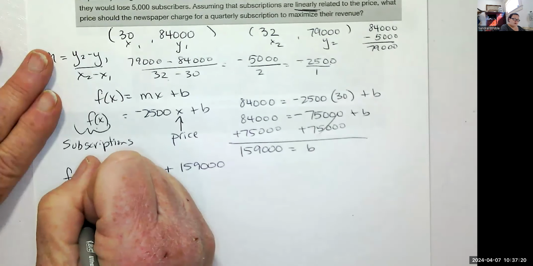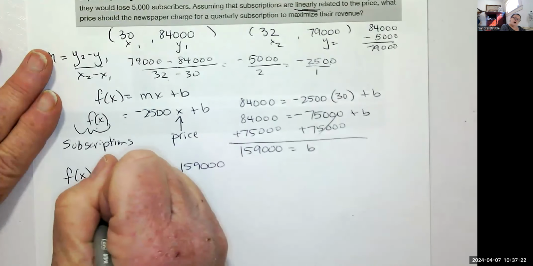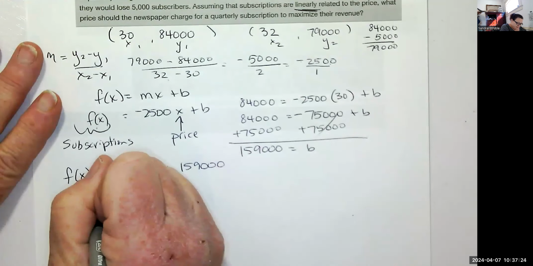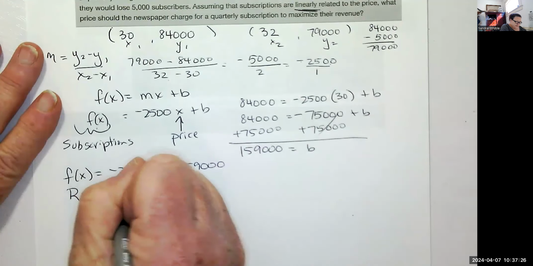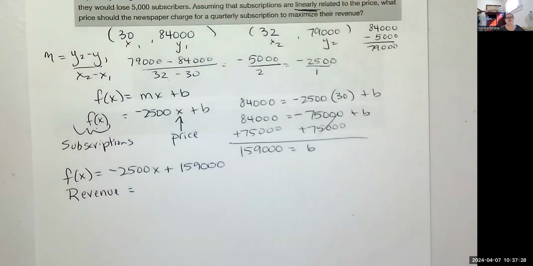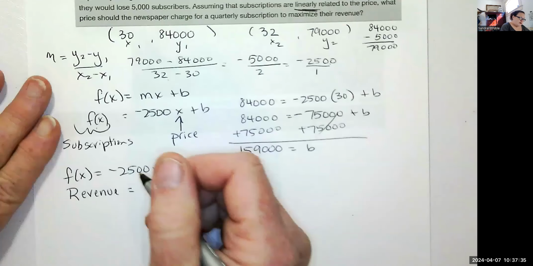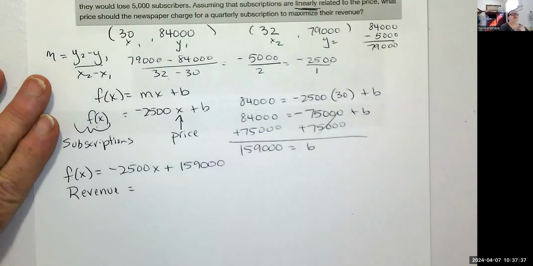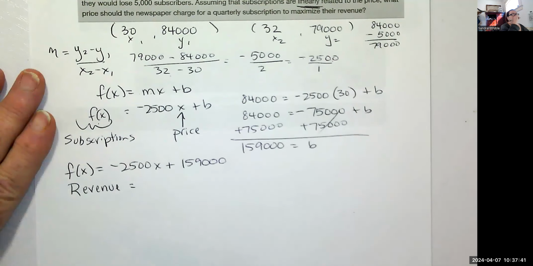They're not the same thing. You use revenue to find profit, but revenue is not profit. Revenue for this newspaper is the number of subscribers times the price that they're charging. So it's basically f of x times x.